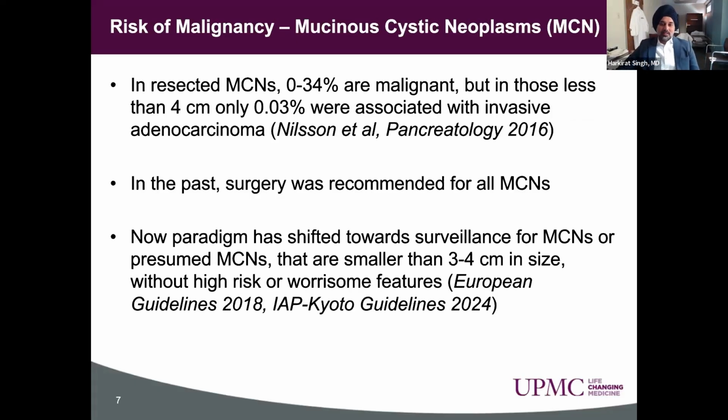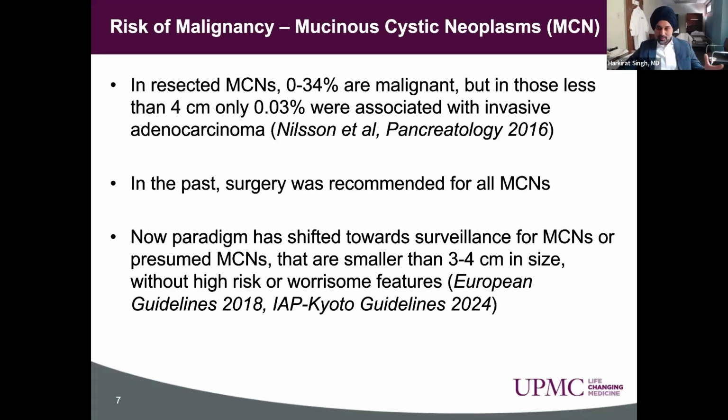What is the risk of malignancy in mucinous cystic neoplasm? So MCNs, or mucinous cystic neoplasms, are one type of mucinous pancreatic cyst. We have data from surgical literature when these cysts were almost always removed. And on pathology, 0 to 34% of them were malignant. This is a wide range, 0 versus 34%. But we know that when these cysts are taken out and their size is less than 4 centimeters, the risk of malignancy is almost close to 0.